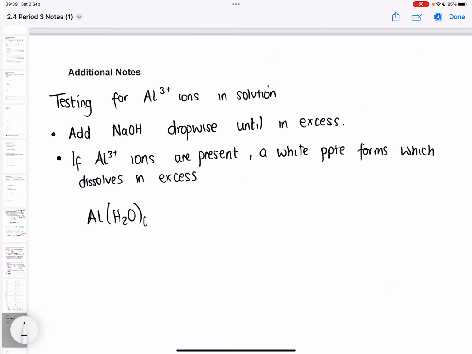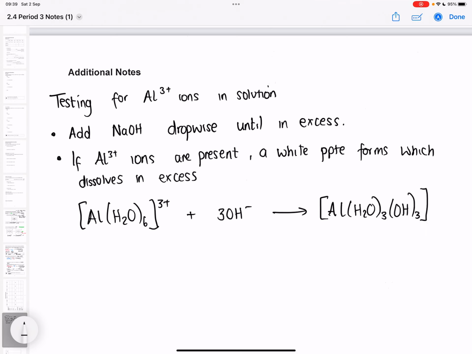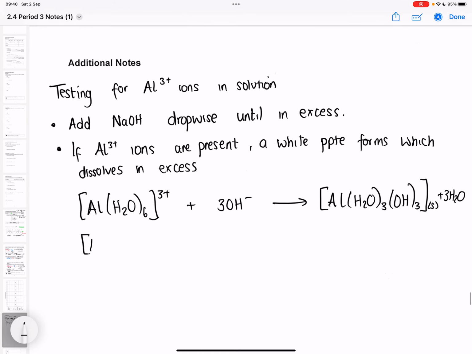Remember that in solution they're as the hexa-aqua ions. We're adding sodium hydroxide a bit at a time, and we get a white precipitate. And then when we add a bit more in excess, then we can add that one more.